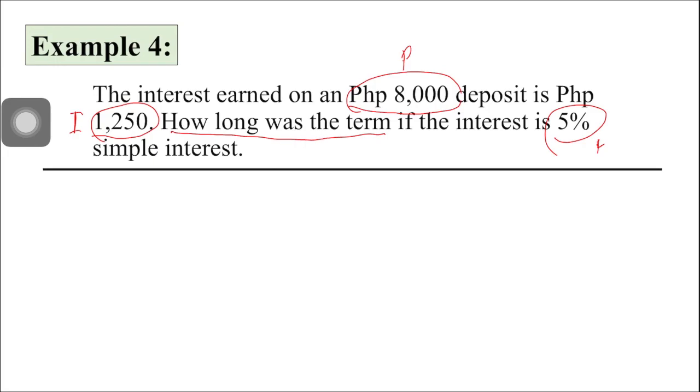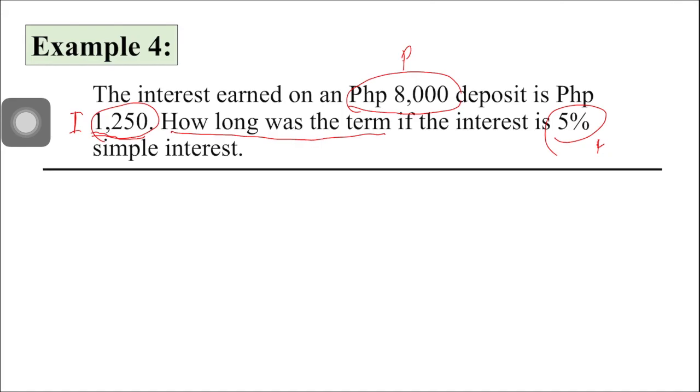So, his money is 8,000, and it earned 1,250 at 5% simple interest. The question is how long was the term of investing his money that earned 1,250.